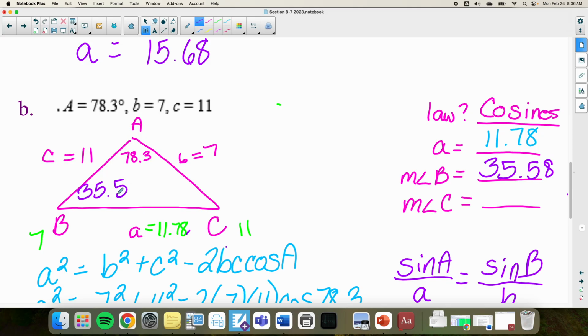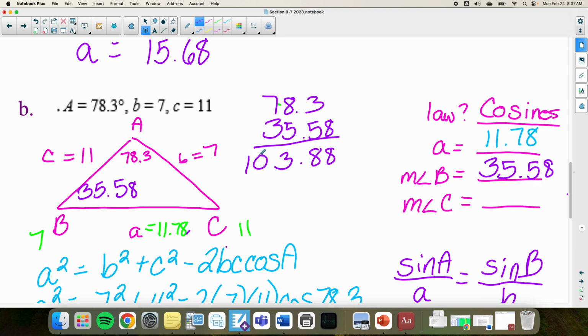So is it easy to find the third angle? Don't you just go 78.3 plus 35.58, which would be, did you guys get 103? Okay, and then you'd go 180 minus that. And we would get 76.12.